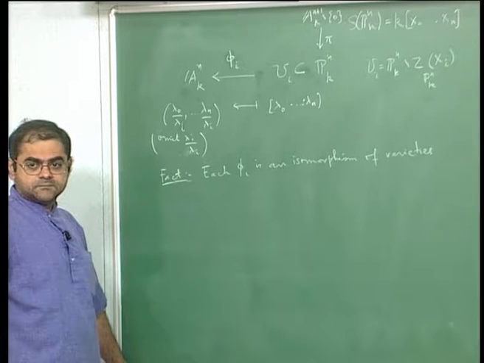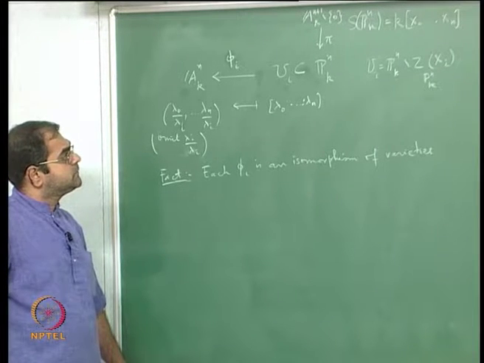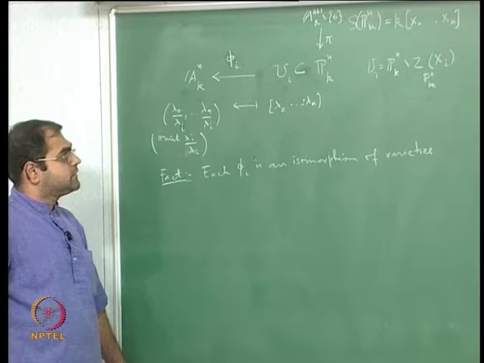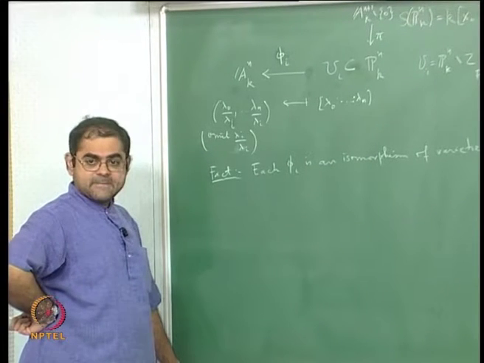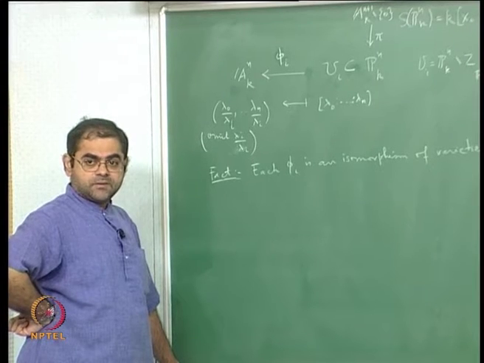That is, the topology generated by all this? Each Ui will have a topology now, yes, because of these maps. Now to give a topology on Pn using these, you mean that is the topology generated by all this?